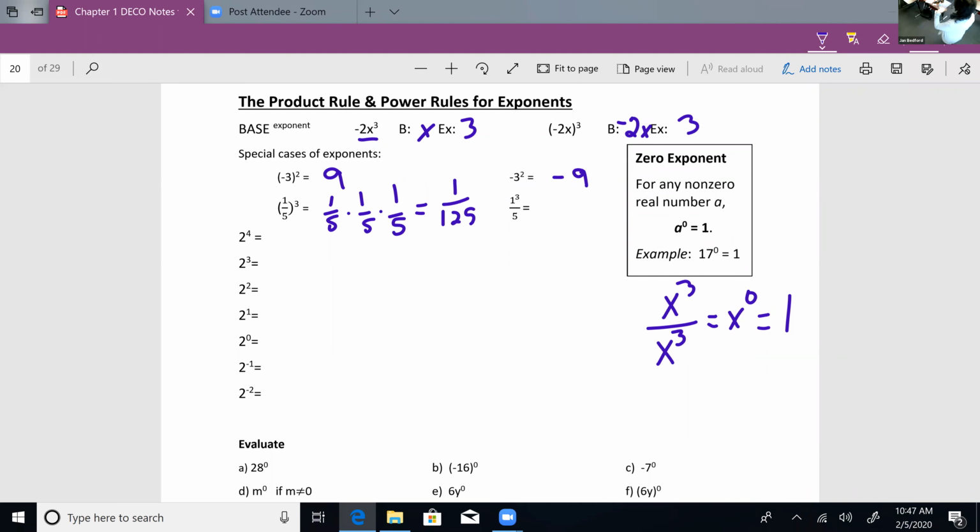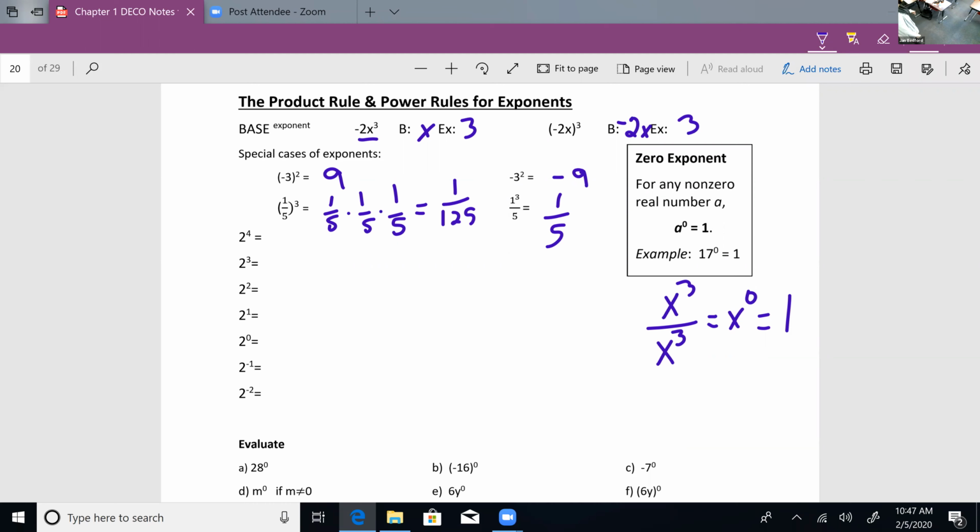Remember, we're multiplying. 5 times 5 times 5 is 125. What's getting raised to the 3rd power over here? Only the 1. There wasn't a parenthesis, so it's just attached to the 1. So what's 1 times 1 times 1? But the denominator stays 5. It didn't have an exponent on it. Okay, does that make sense?